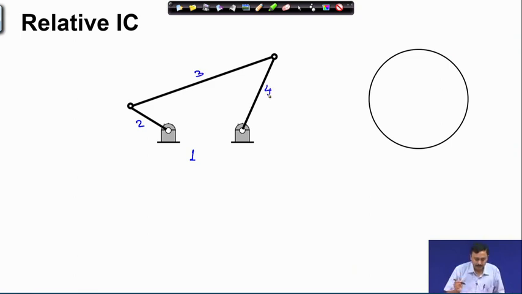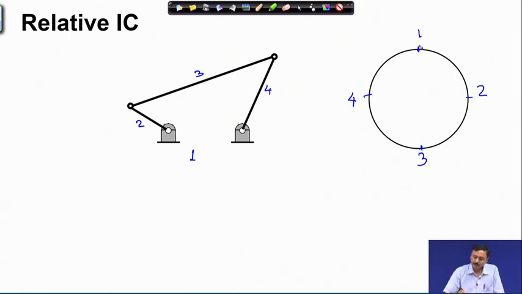Now, to locate all the relative ICs, we have what is known as the circle diagram. So, I will mark the number of links: 1, 2, 3, 4. So, we have 4 links, and I will mark 4 points on this circle.